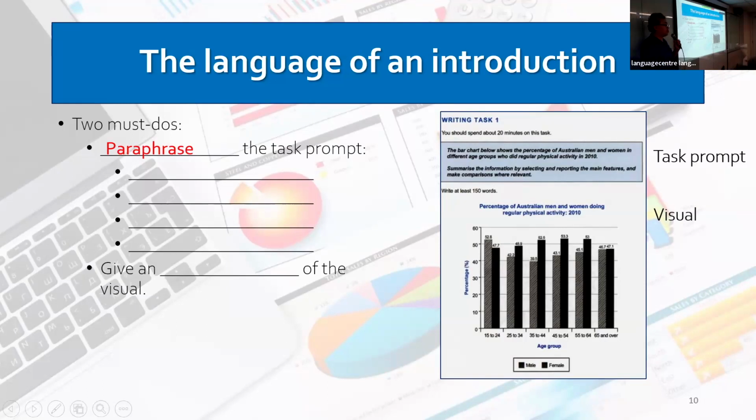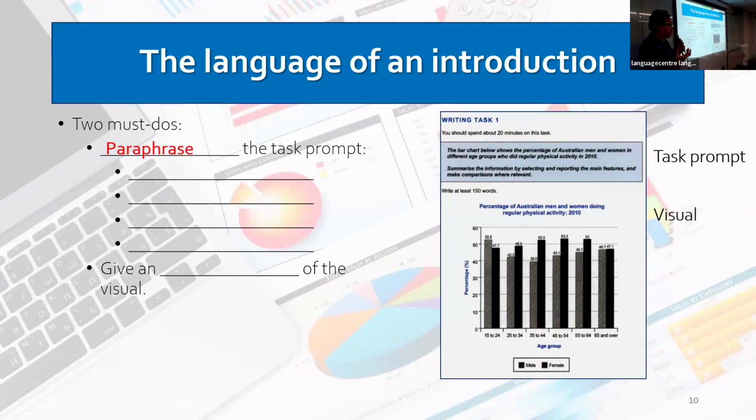Paraphrase the task prompt. What do I mean by paraphrase the task prompt? The word paraphrase means you use your own words to tell the reader what the task or what the visual is about. By means of paraphrasing, you are not using the exact wording provided in the instruction.